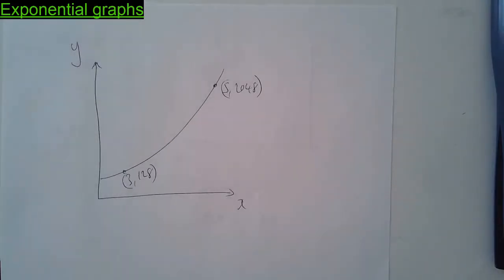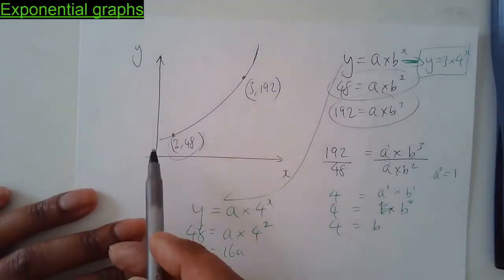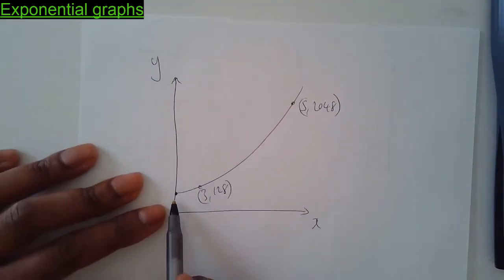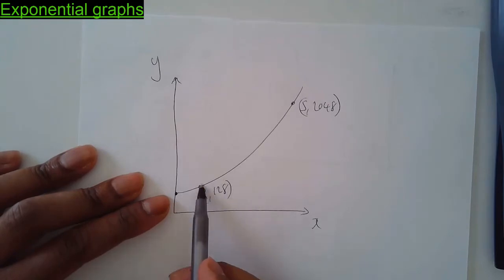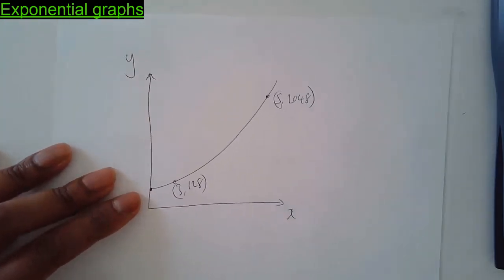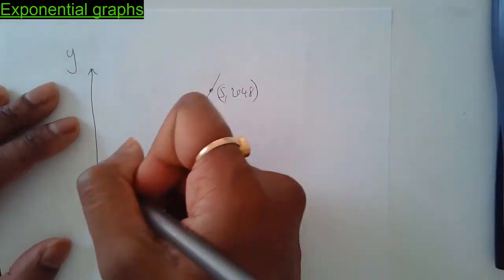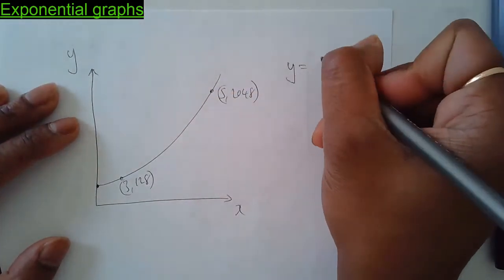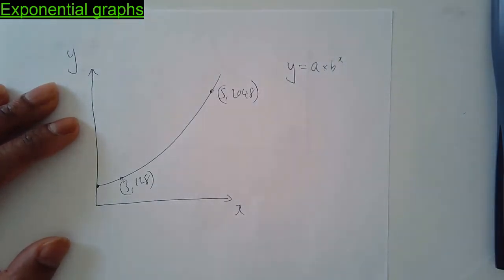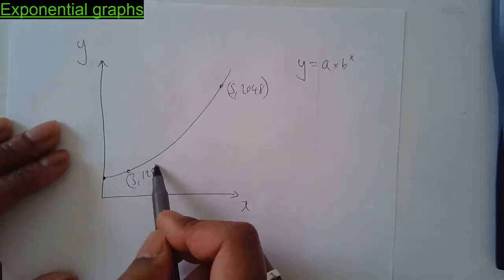Right, last one, similar to what I've just done there. A bit difficult because we don't know this value here at the moment. They've given us other values other than where it's 0. But we know it's an exponential graph and it has this form to it. We need to find the value of a and b. Right, might as well start off with this then.